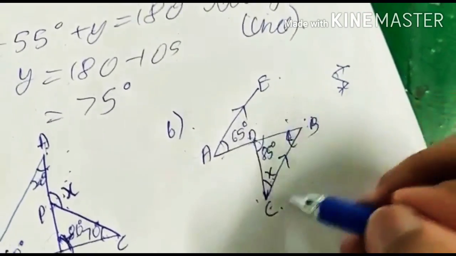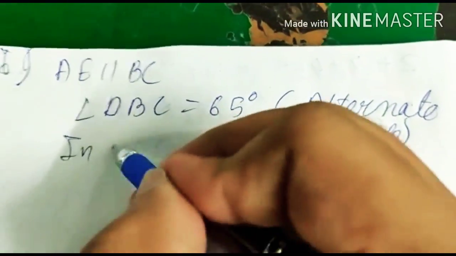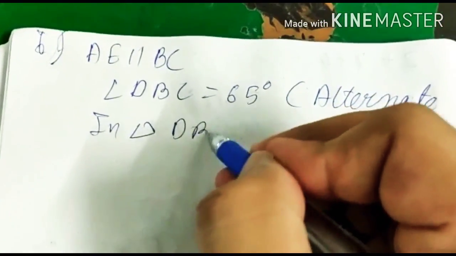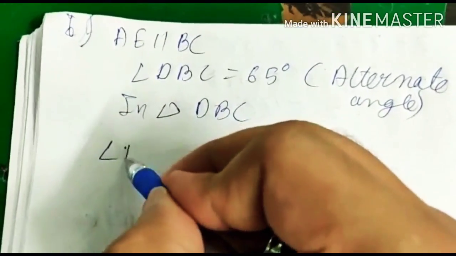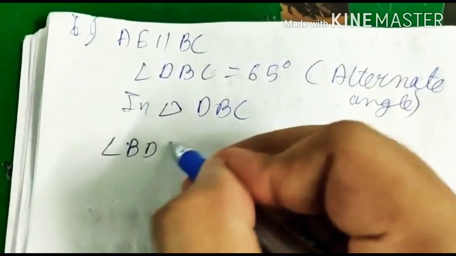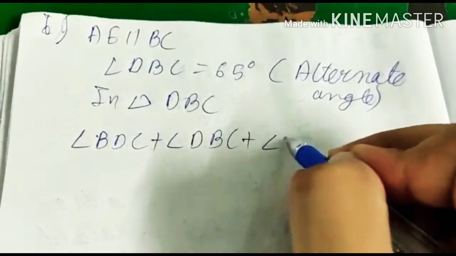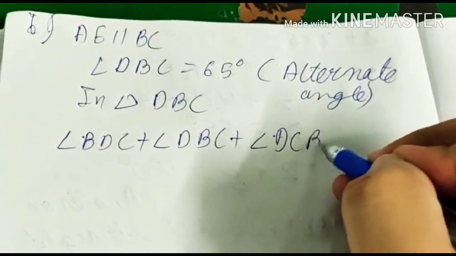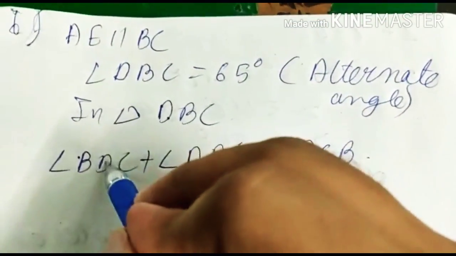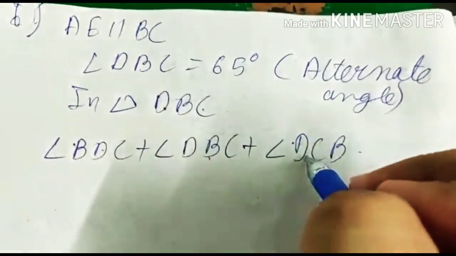So in triangle DBC, angle BDC plus angle DBC plus angle DCB. What I did: first I took D in between, then I took B in between, then I took C in between.